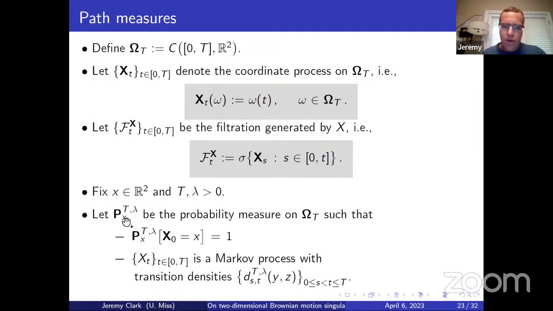And then define a probability measure on the path space corresponding to an initial position x that has the transition densities corresponding to the d that we defined before.